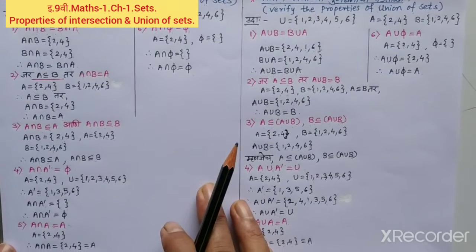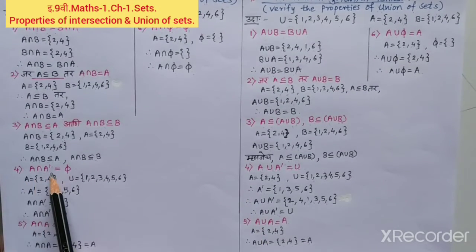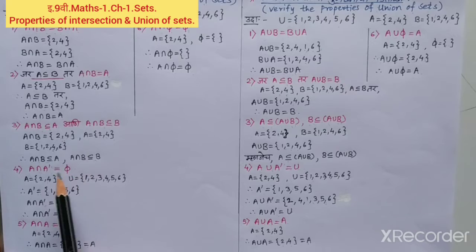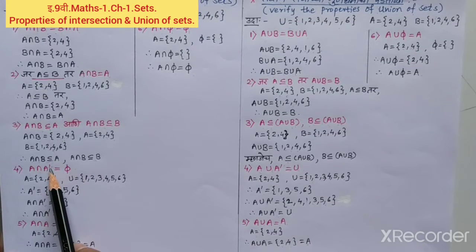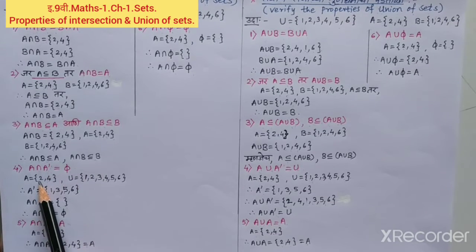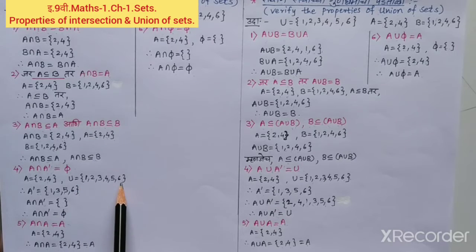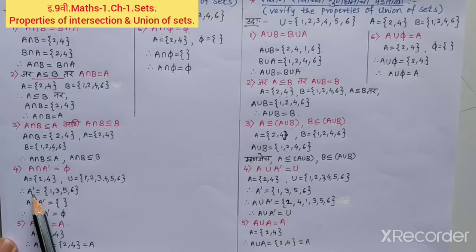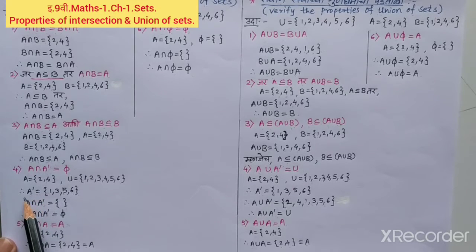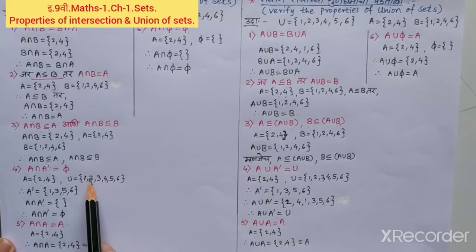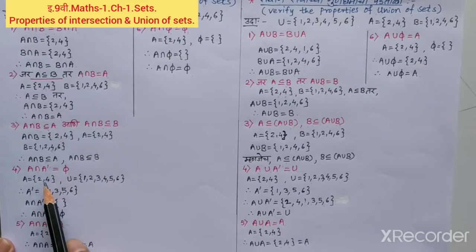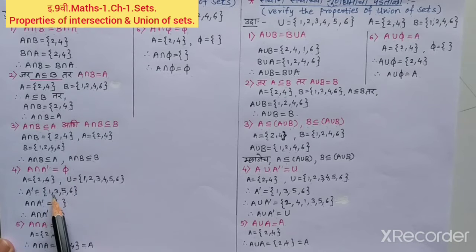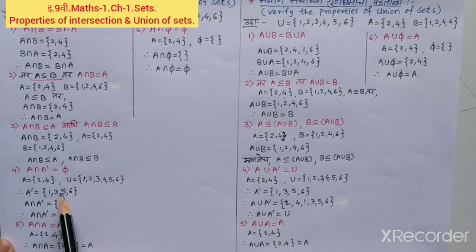Now the fourth property. A intersection A dash is equal to phi. A dash means the complement of set A. So A is {2, 4} and U is {1, 2, 3, 4, 5, 6}. From A and U we can write the set A dash, the complement of set A. What are the elements in the complement of A? The elements which are in set U but not in A. So 1, 3, 5, 6 are the elements of A dash.